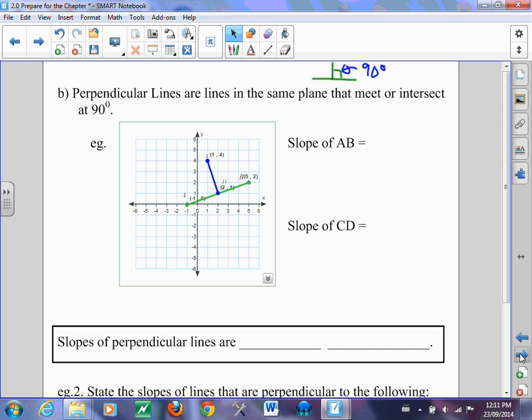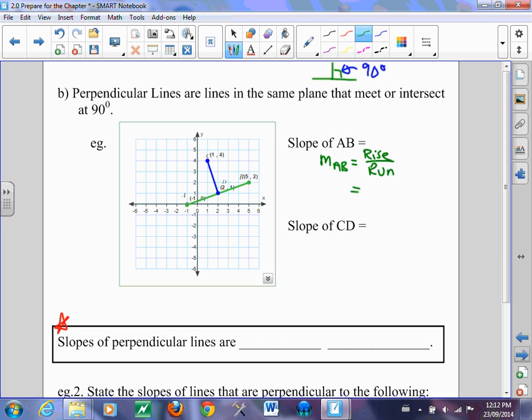Now you may remember from grade 9 the rule we learned about the slopes of perpendicular lines, but if you forget, we're going to take a look at calculating the slopes here and see what we can come up with. So first of all, do the slope of AB, which is the green line. Okay, so slope of AB equals rise over run.